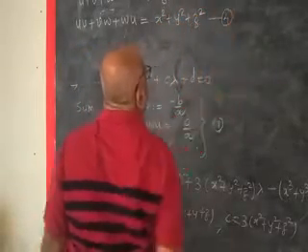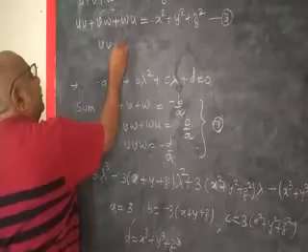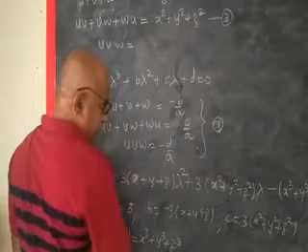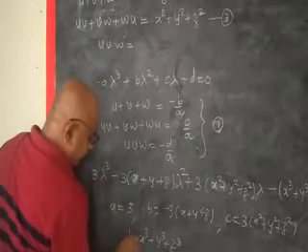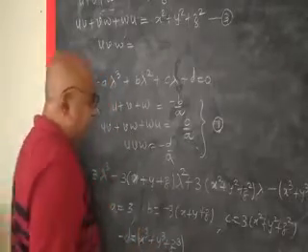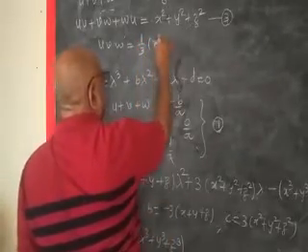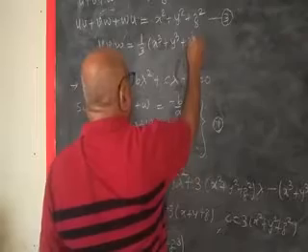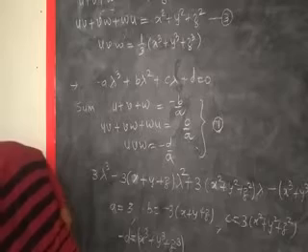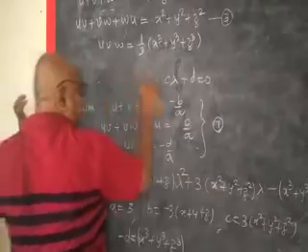Call this equation number 3. And uvw equals minus d by a, and therefore it is 1 by 3 times (x cubed plus y cubed plus z cubed).